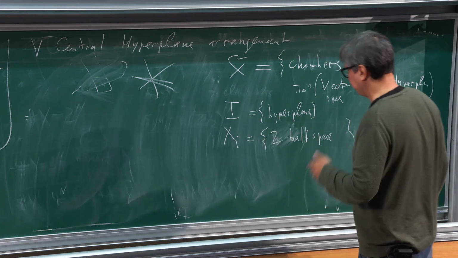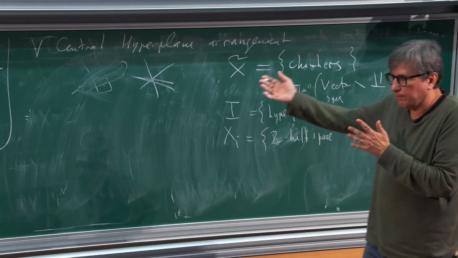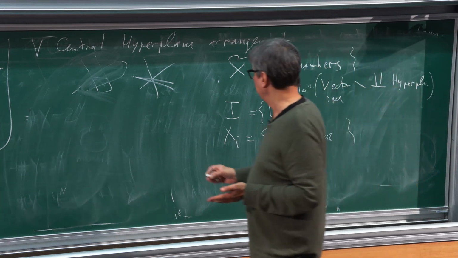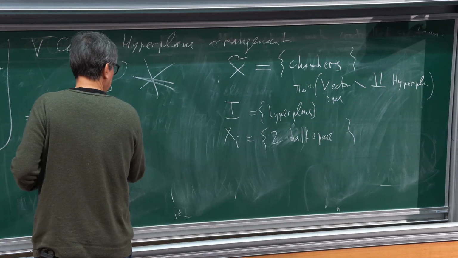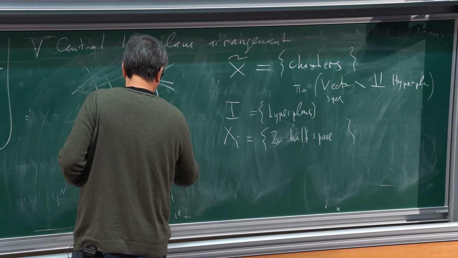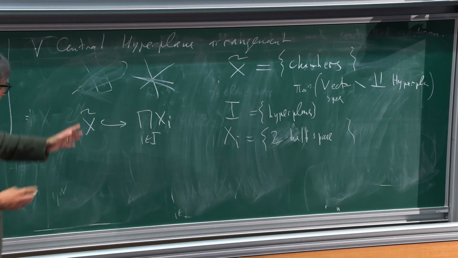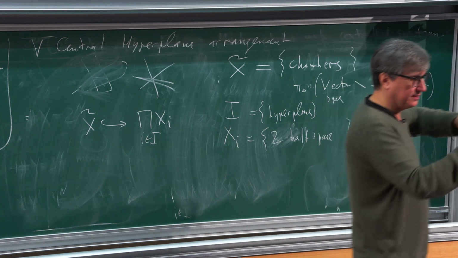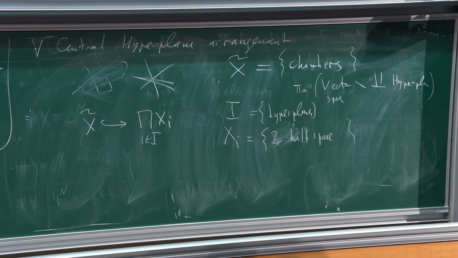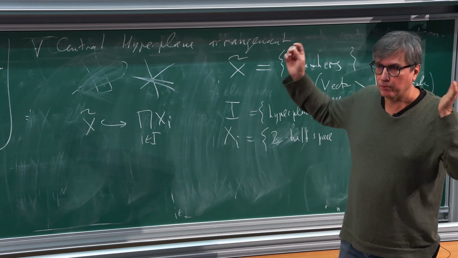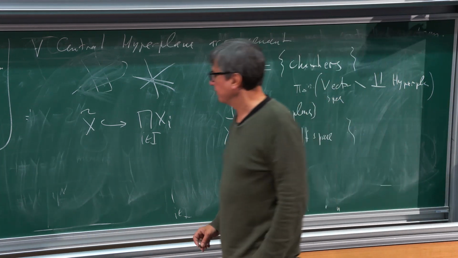Each chamber sits on one side of each hyperplane, so automatically x tilde is included in the product of the x_i. It is included because two different chambers are separated by at least one hyperplane. So you get a subset of a cube, some abstract story.